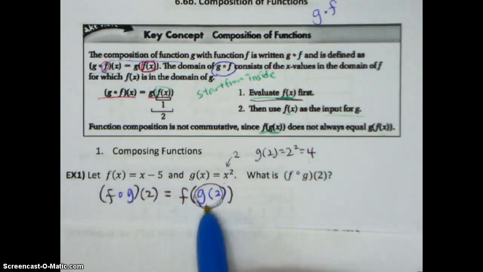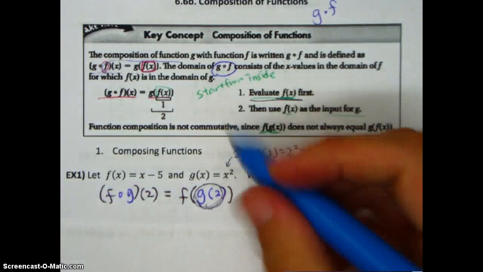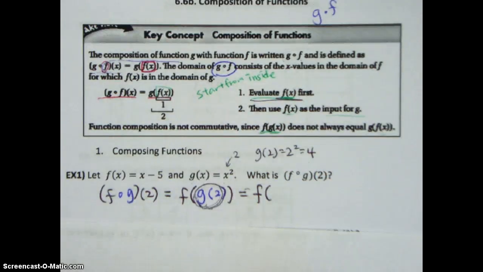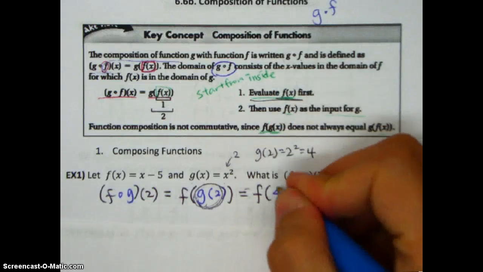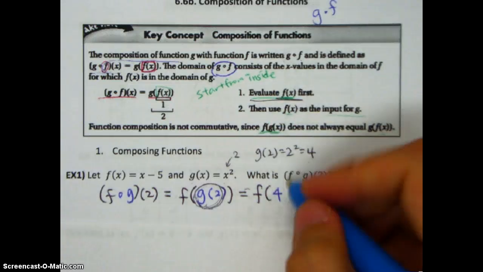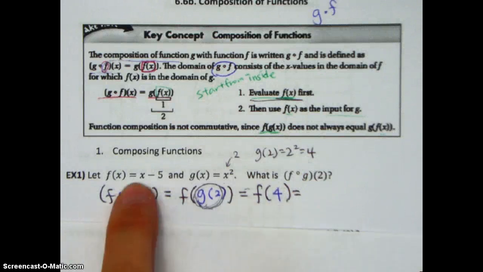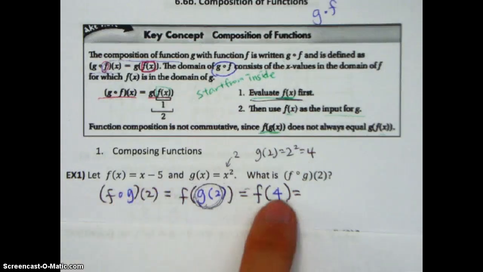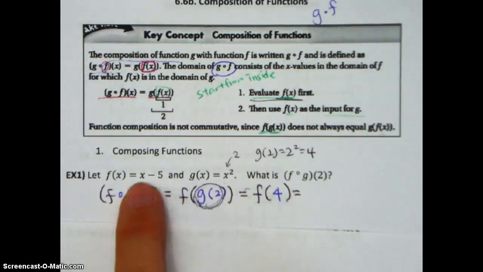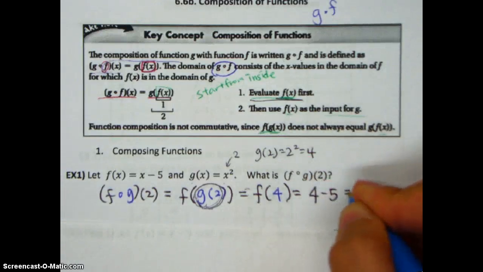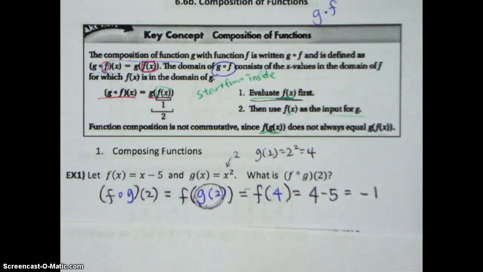Now I can change F of 2 into -3, so this will be G of -3. We just have to find G of -3. Now G function is X squared, so we plug in -3 into X. We'll get -3 squared, which is 9. So that will be the answer for this example.